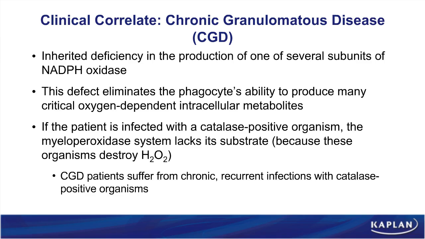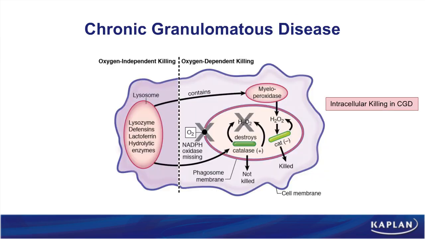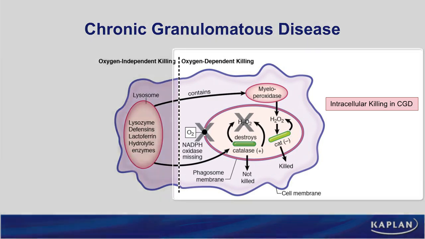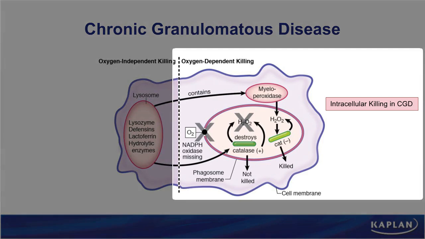So super high yield. This is a figure like one we looked at earlier when we were talking about oxygen-dependent killing. But now we're going to walk through it in a patient with chronic granulomatous disease. So you can see that the NADPH oxidase is missing. So we are unable to generate these oxygen radicals that we talked about.